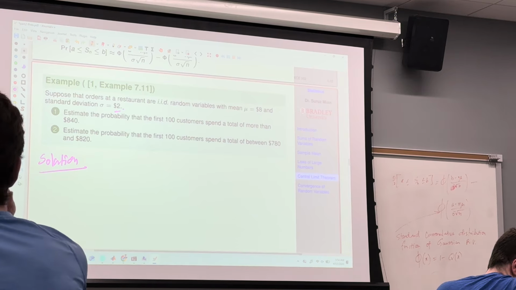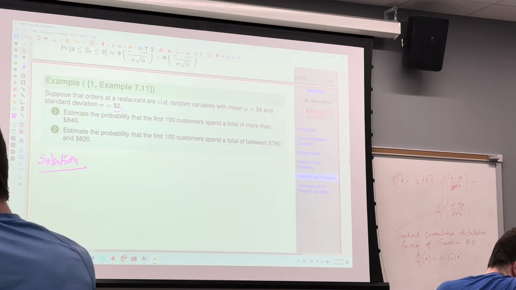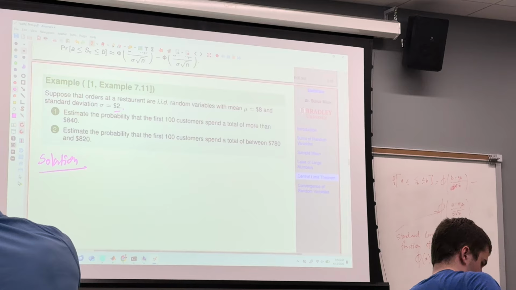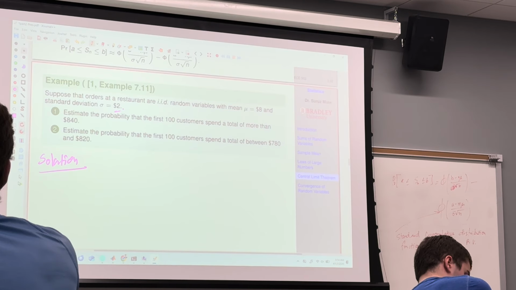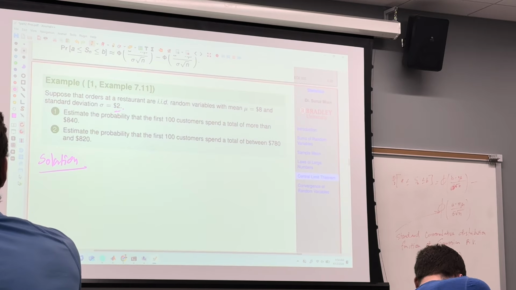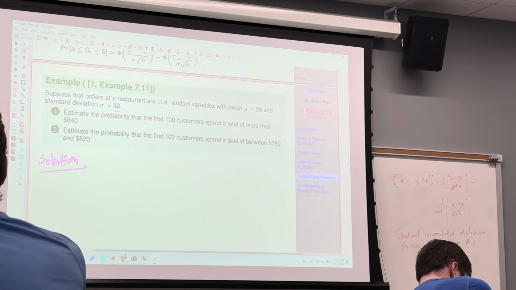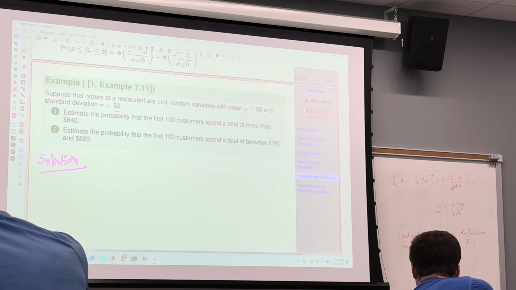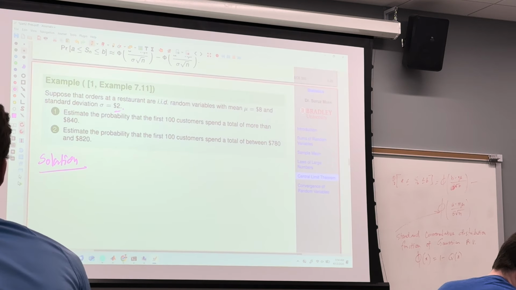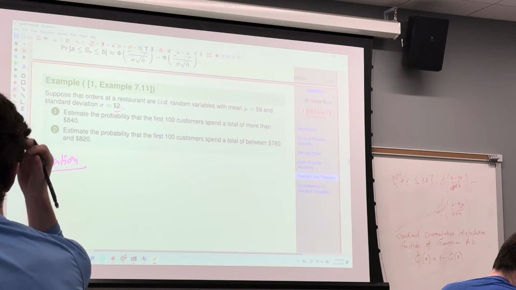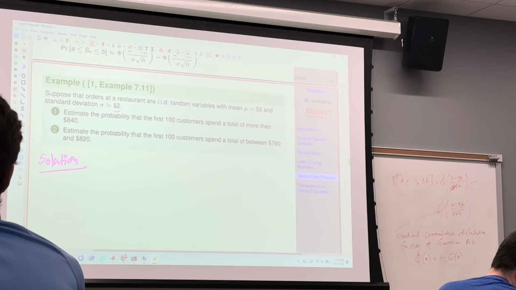What it means is that, based on experience, on average one customer orders $8 worth. Some customers order $9, some $6 or $7. On average it's $8, and the standard deviation among orders is sigma equals $2.